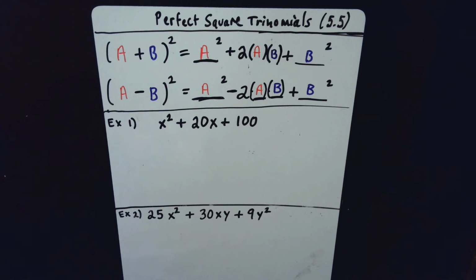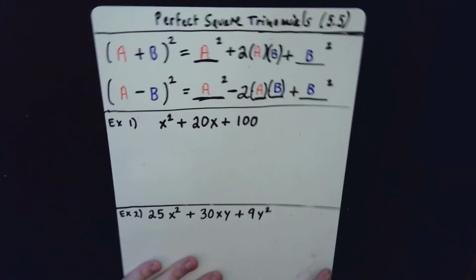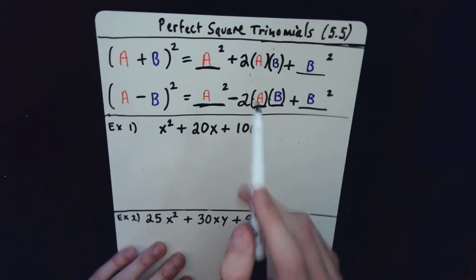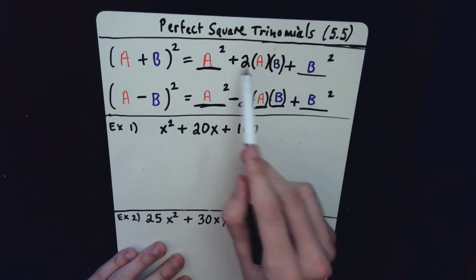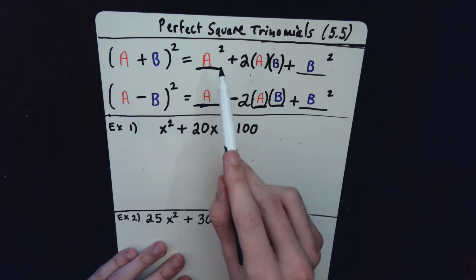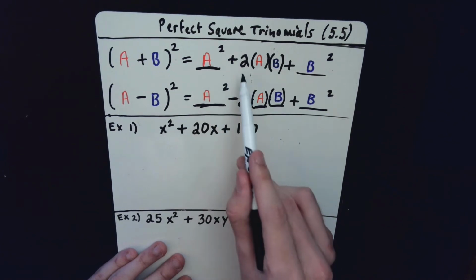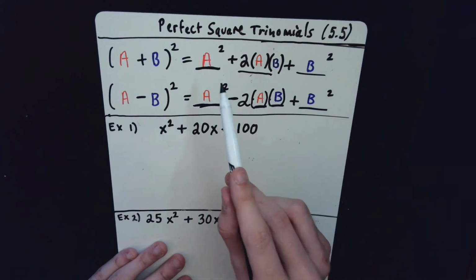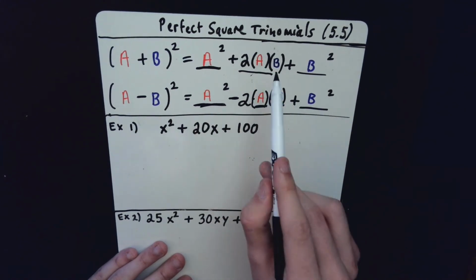In this video we're going to take a closer look at what are called perfect square trinomials. So let's first talk about why they're called what they are. Notice that on the right hand side for both of these formulas we've got trinomials, because we've got 1, 2, 3 terms in each, and that's what makes it a trinomial.